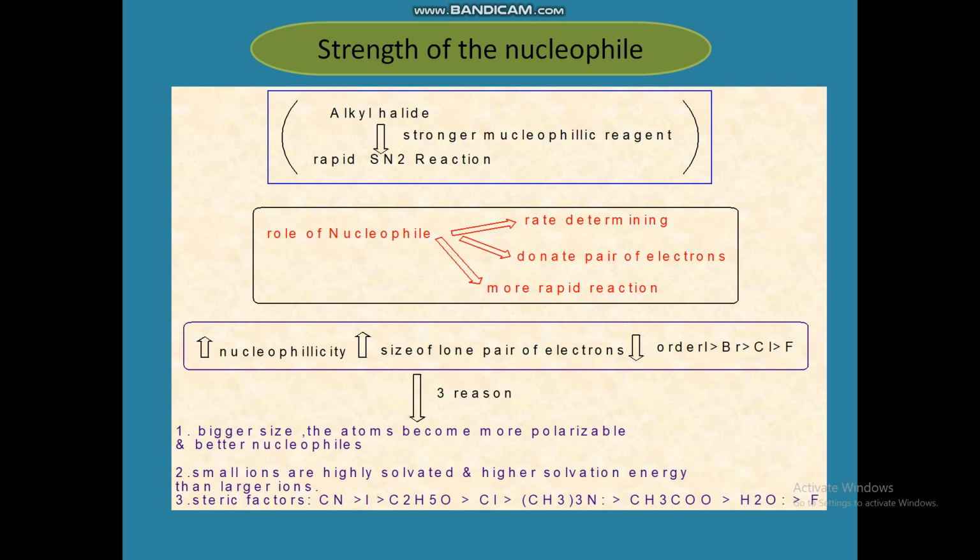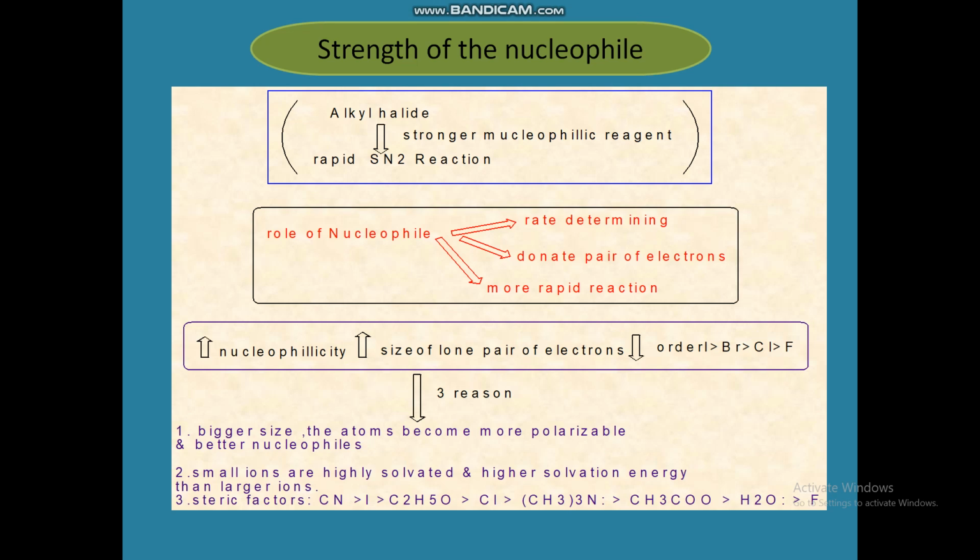The nucleophilicity of the nucleophile plays an important role in determining the rate of an SN2 reaction. Nucleophilicity of the reagent may be defined as its ability to donate a pair of electrons to the carbon atom.